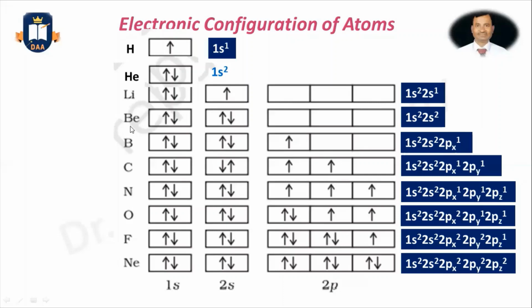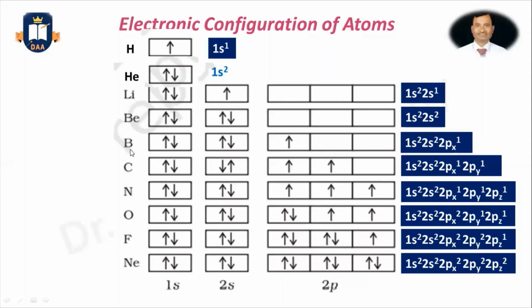So if you go for beryllium, then both 1s and 2s are occupied by 2 electrons in each case, and in this way we'll find its electronic configuration 1s2, 2s2.